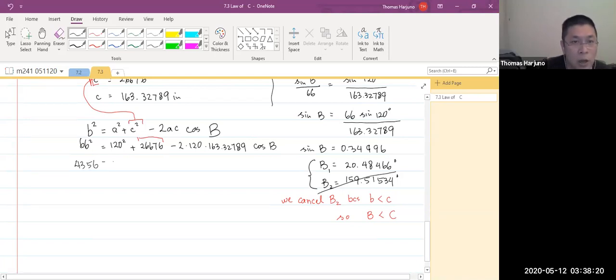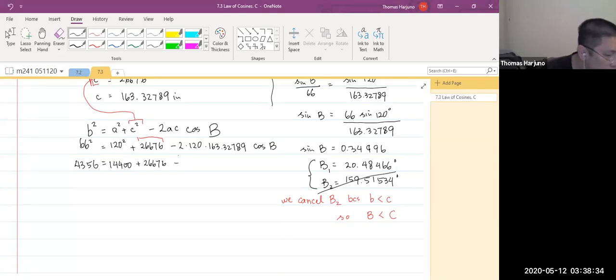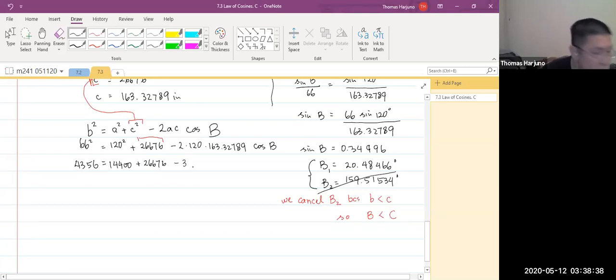This is 144 with 2 zeros, 26676, minus 39,100.